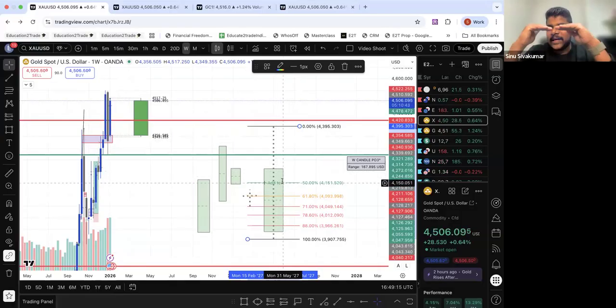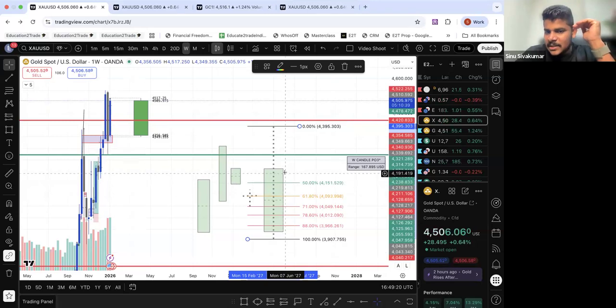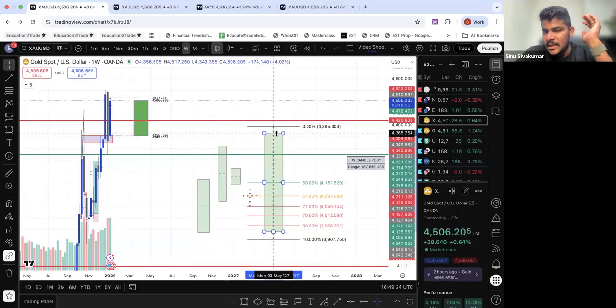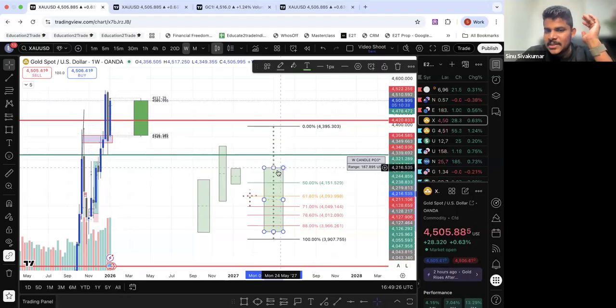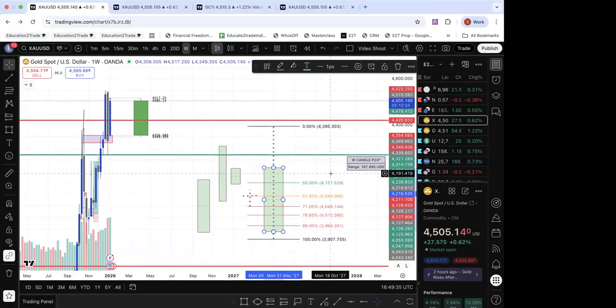But if the candle is 50% and above, then that is considered buyers are in control. This is not a strong bullish candle like this, but this has to be considered a bullish candle. Okay, thank you.